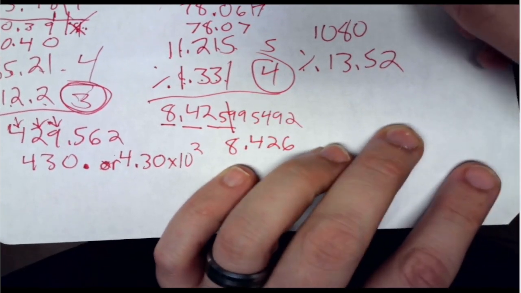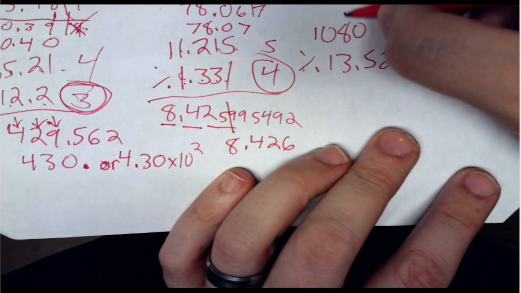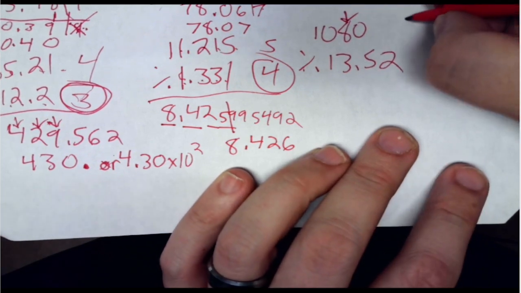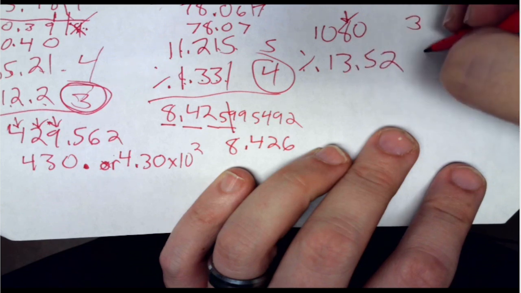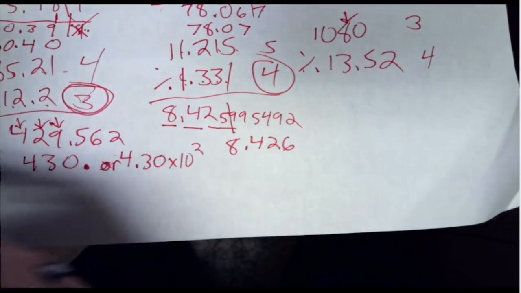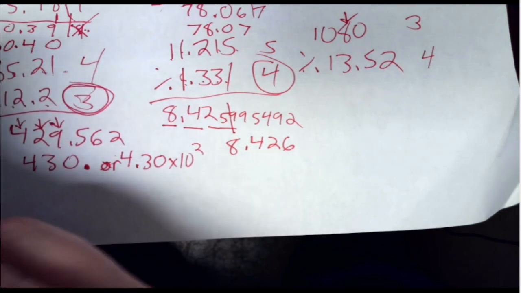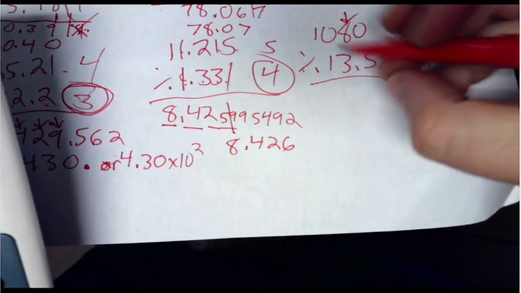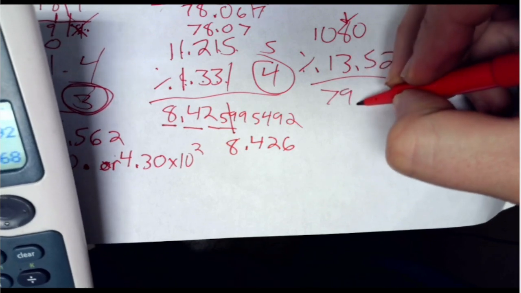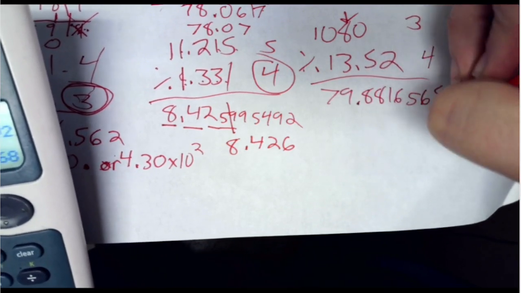Now here's a tricky one. 1080. There is no decimal point, so this is only actually 3 sig figs. This guy is 4 sig figs. So when I do this math, 13.52, I get 79.881656.8.